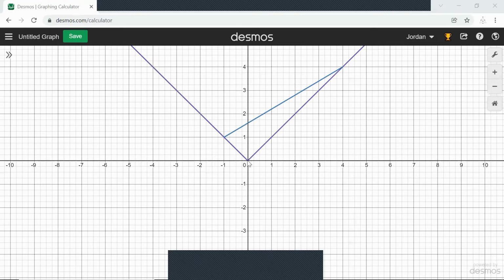So the instantaneous rate of change is either -1 when x is less than 0, +1 when x is greater than 0, or when x is 0, the instantaneous rate of change does not exist. So you can see that we're never going to get an instantaneous rate of change of 3/5 because we're always going to have either a 1, a -1, or a does not exist.